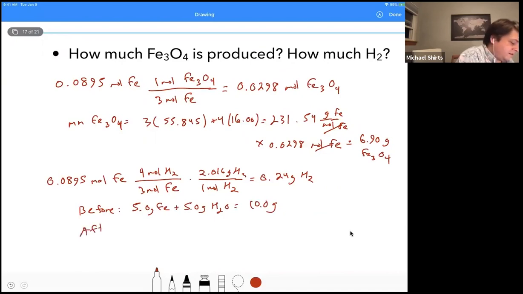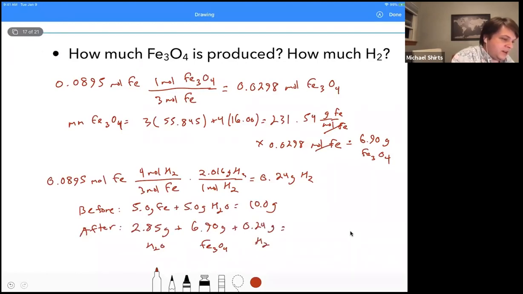After, we get 2.85 grams H2O plus 6.90 grams Fe3O4 plus 0.24 grams H2. And if you add that up, you get 9.99 grams.